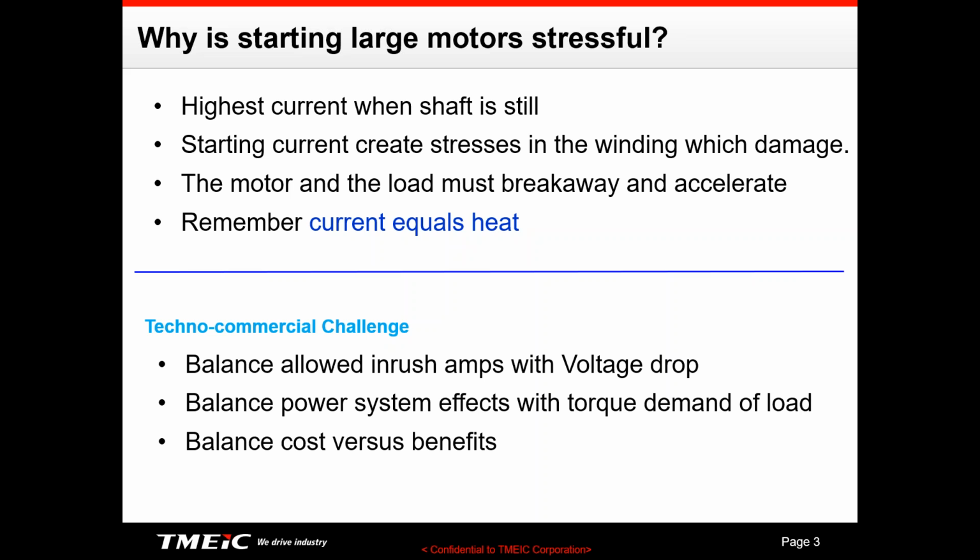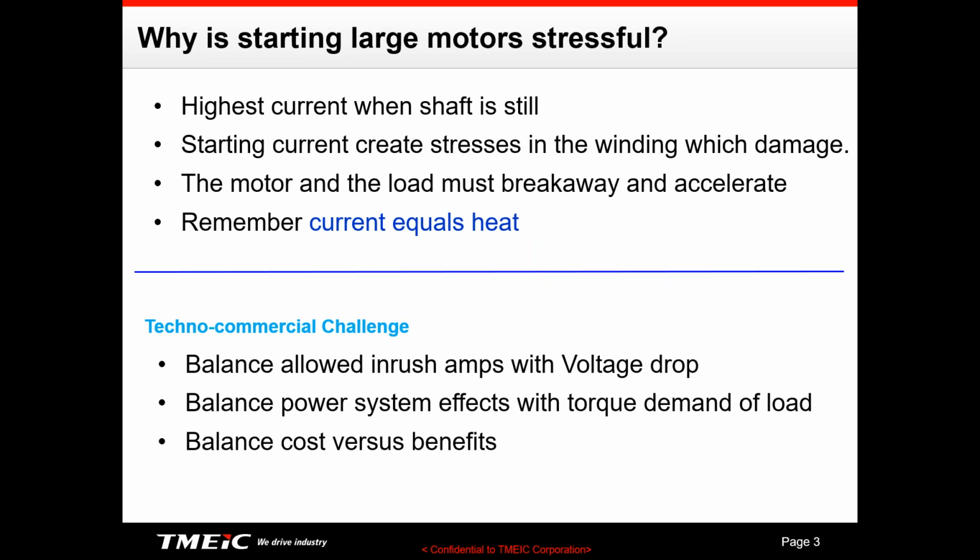So starting the motor directly on the line creates a lot of stress in the motor windings. And the third thing is that the motor and the load must break away from zero speed and be able to accelerate to the rated speed.